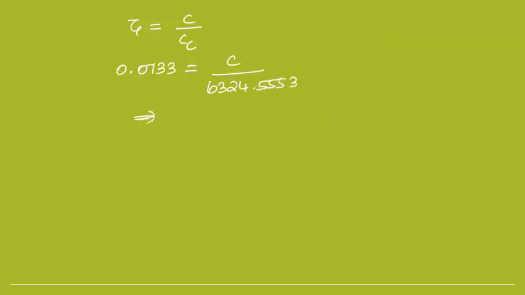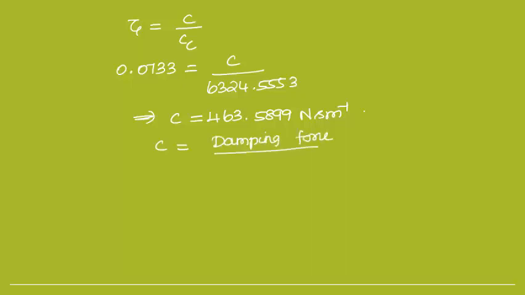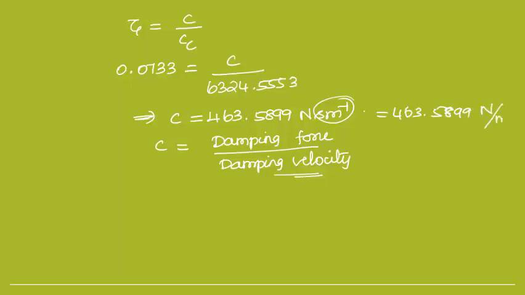So C is 463.5899 Newton second per meter. The definition for C is damping force per damping velocity. So in the problem it is asked to find out the resistance of the dashpot, that is damper, per unit velocity. So this is 463.5899 Newton per meter per second for 1 unit velocity, that is 1 meter per second.